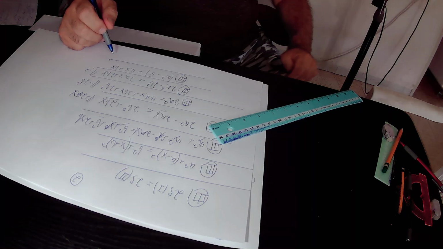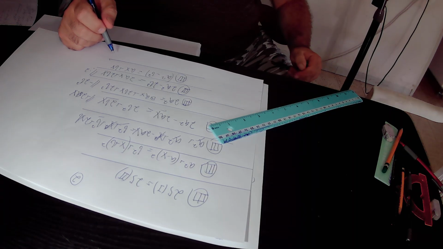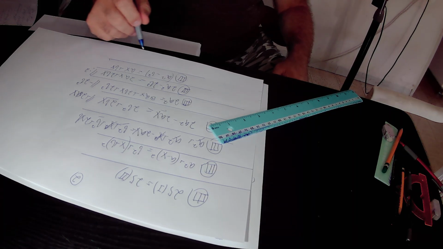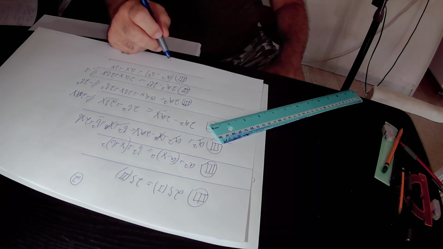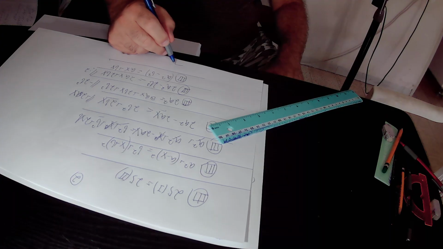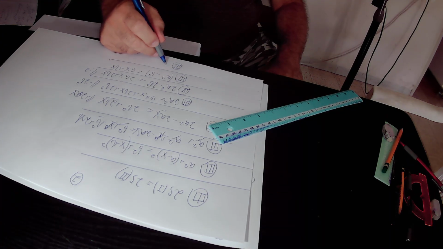We have the famous algebraic identity that says that a squared minus b squared equals a plus b times a minus b. So a squared minus b squared equals a plus b times a minus b.